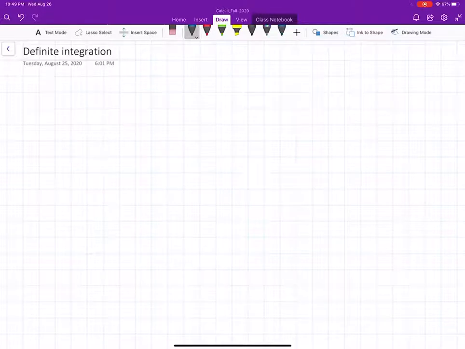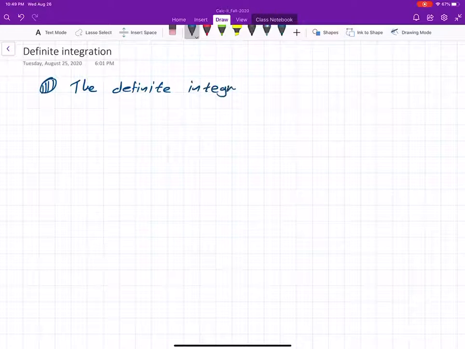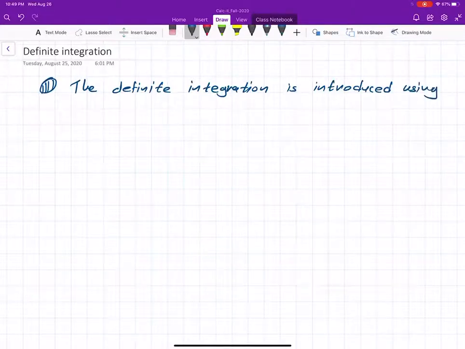Riemann sum, the first bullet point: the definite integration is introduced using the Riemann sum.